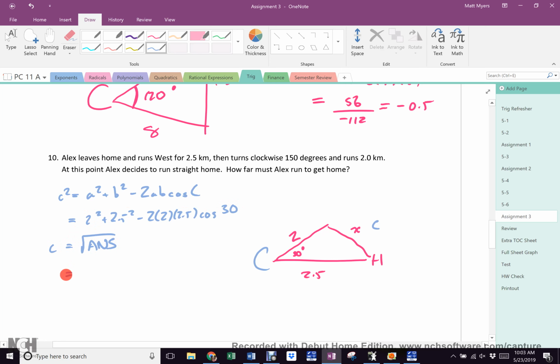Now, again, if you're good with your calculators, you can do it all in one shot. And what do you get for an answer?